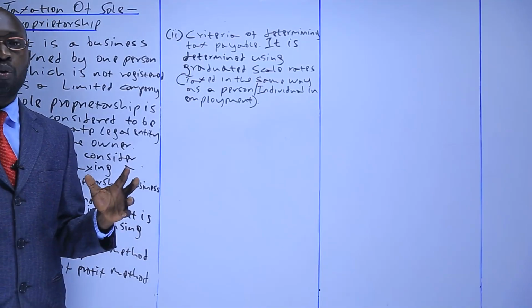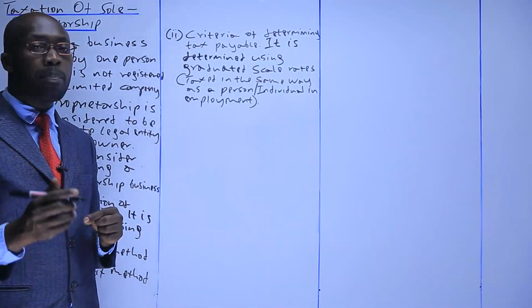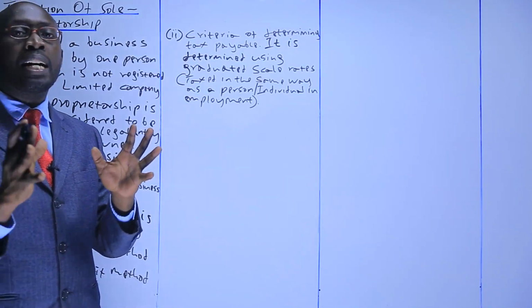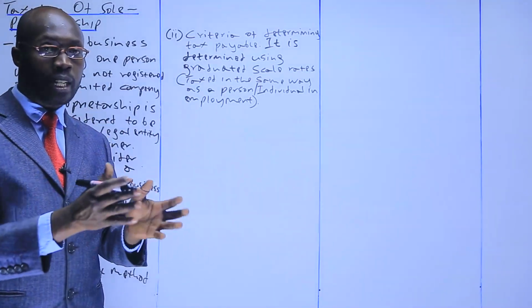When you're taxing a sole proprietorship business, once you determine the taxable income, you tax that person using the graduated scale rates. You tax this person like an employed person, an individual who is under employment.